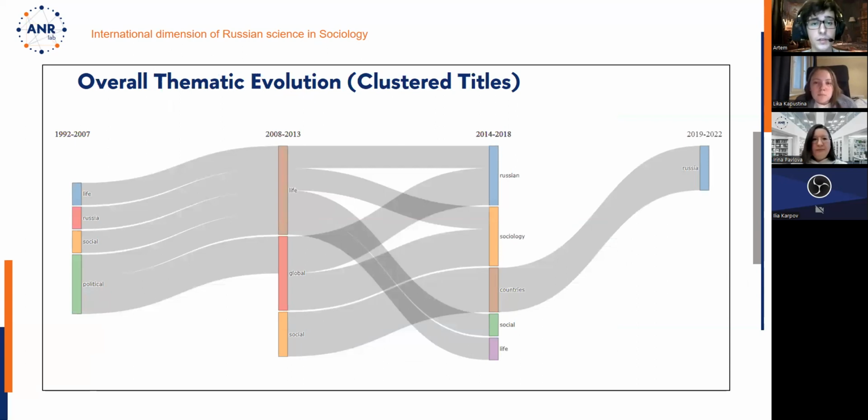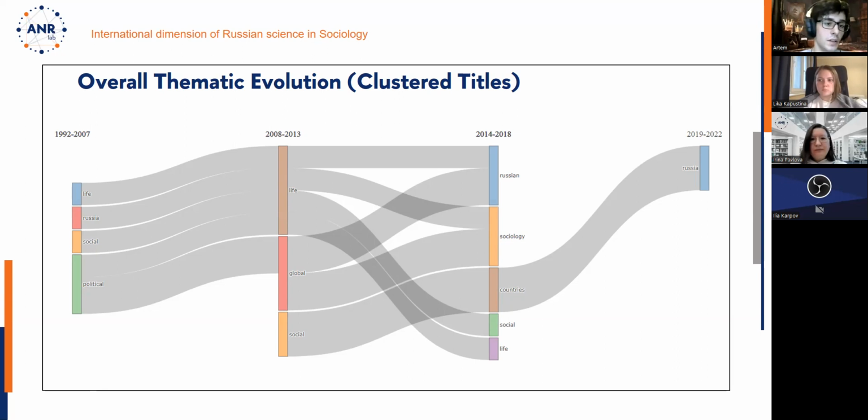This is the overall thematic evolution. It is based on cluster titles. So titles, unigrams of titles are clustered together using an algorithm, particularly fast greedy algorithm that is implemented in BiblioShiny program. And here you can see how publications with similar titles moved from one cluster to another.